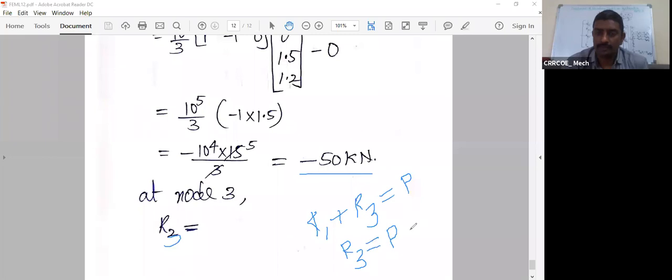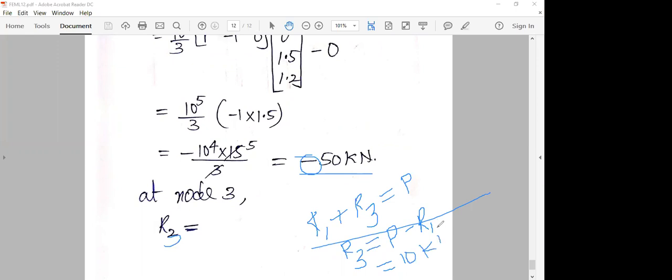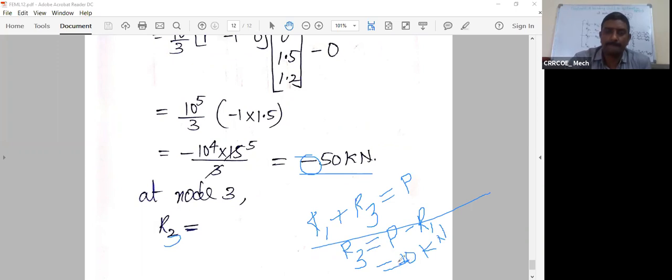That negative symbol represents the direction of the reaction force, so don't consider this negative in the equation. So R3 is equal to P minus R1. Therefore, 60 minus 50 kilonewtons, so 10 kilonewtons. The reaction force is minus 10 kilonewtons.